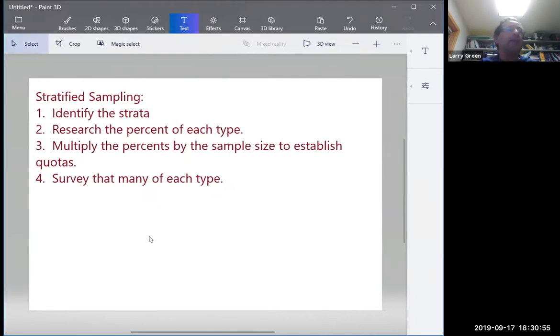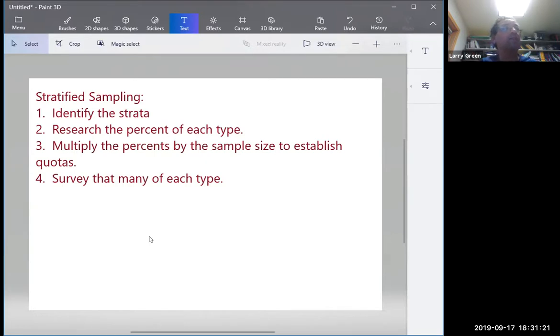Let me give you another type of sampling. Let's suppose you wanted to survey students at our college. So for example, those you survey have to be 55% women. 58 is what I said, but yeah. So in particular, you decide your sample size, you multiply that by the percent, and that's how many women you ask, and then you do the same idea for the men.